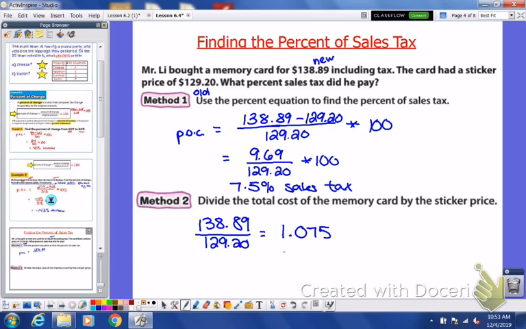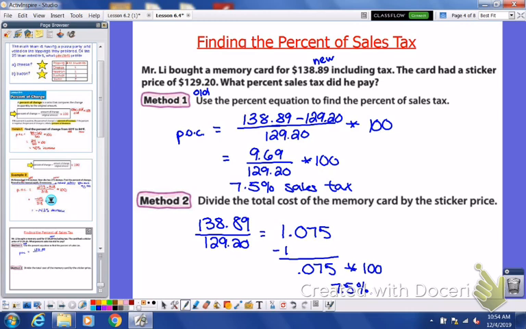This tells me the entire percentage that we paid, but we need to take out our sticker price. So we need to take out our 100%. So you would subtract 1, which leaves us with 0.075. Now since we're talking about percentages again, we need to take it times 100, which again gets us to our 7.5%.